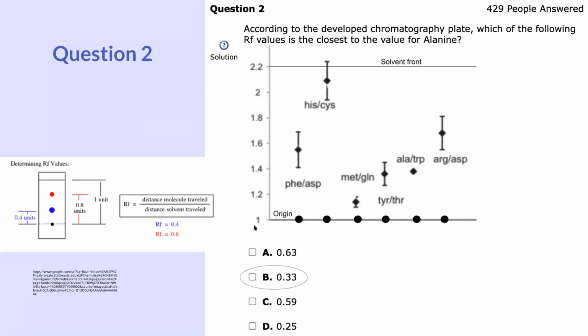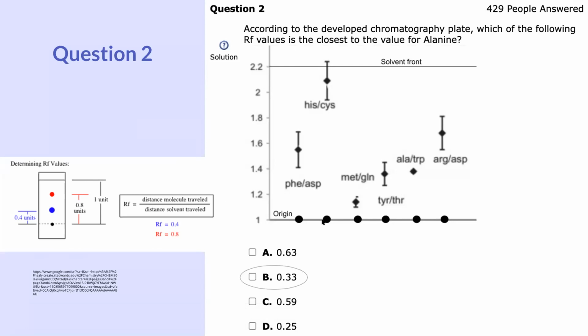So what you would do here is the solvent front is at 2.2 and it starts at 1. So the distance traveled is going to be 2.2 minus 1, which is 1.2. And alanine travels to 1.4, and you would have to subtract the starting point at 1. So that would be 0.4.